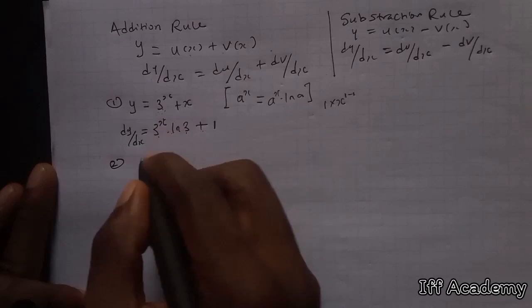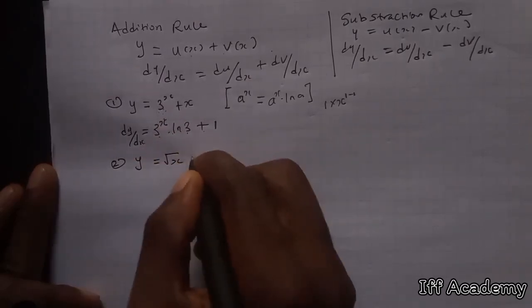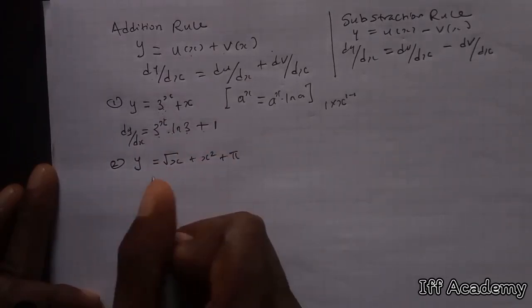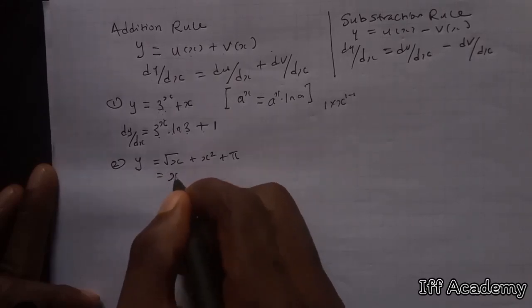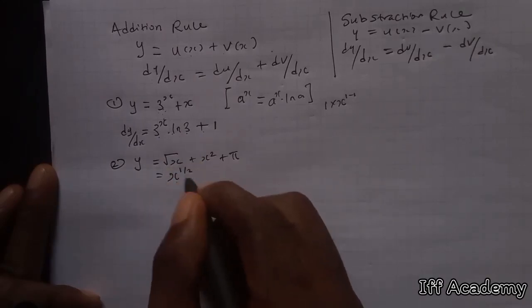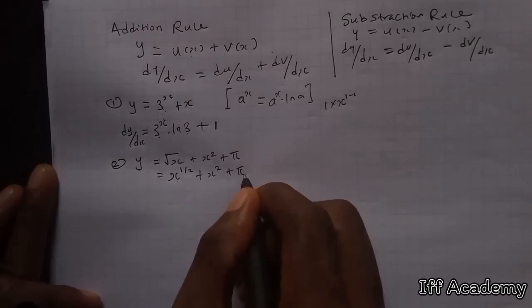So the second question, if I have y equals root x plus x squared plus pi, what's the derivative going to be? So remember, root x is the same thing as writing x raised to power 1 over 2. So you can rewrite this as x to the power 1 over 2 plus x squared plus pi.